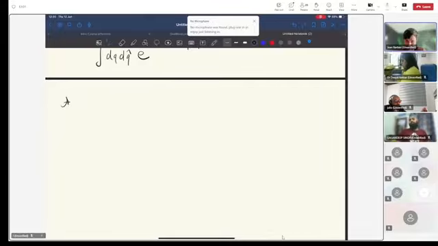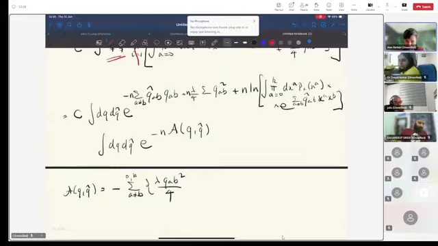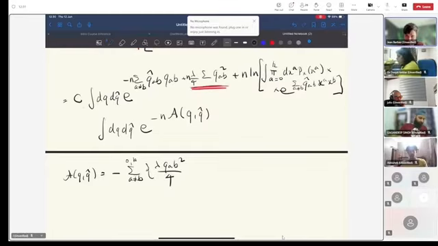So the action here takes the form. Let me write it. Minus sum over a different than b, 0 to K, of lambda Q_ab squared over 4, which is this term there. Then we have minus Q_ab Q_ab hat, which is the coupling term here between the two types of order parameters.